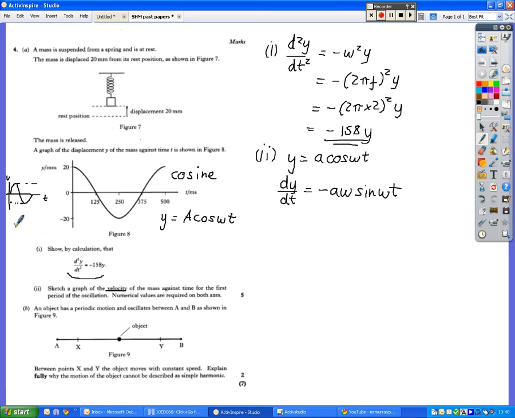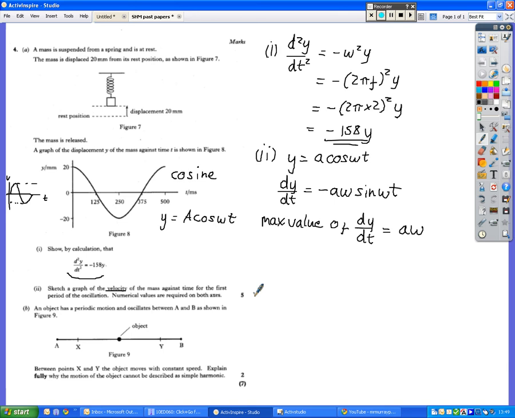So what you need to do is to find out when the maximum value is going to occur of dy by dt. So the max value of dy by dt is going to be equal to a times omega. So we're really taking the sine omega t out of the equation, because that's going to give you a really small number.